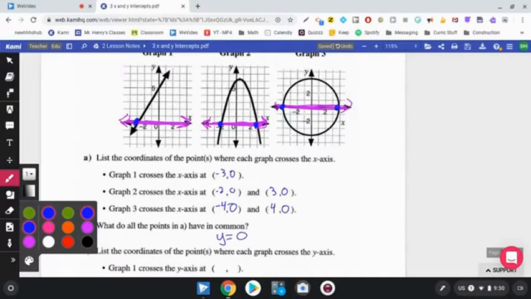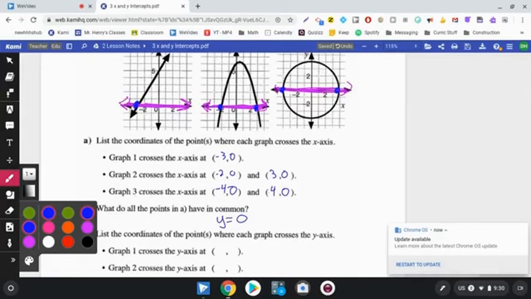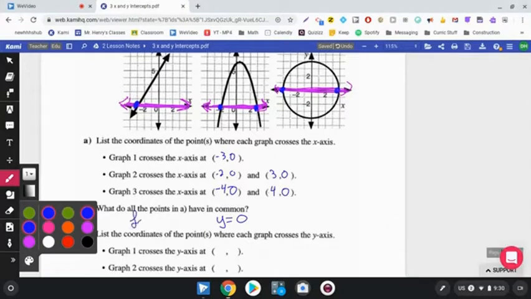So the overall statement is for an x-intercept, the y value has to equal 0, which makes sense when you think about it. A y value of 0 means I haven't gone up or down. That would mean I stayed right on the x-axis. I am on the x-axis, and then I have to move up or down to get off of it. So if I didn't move up or down, I'm at an x-intercept.